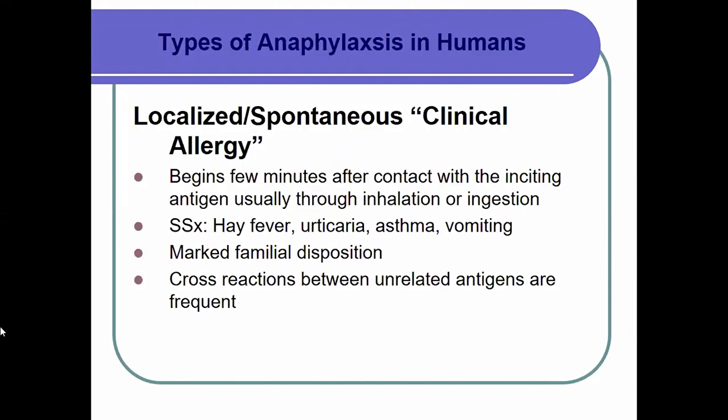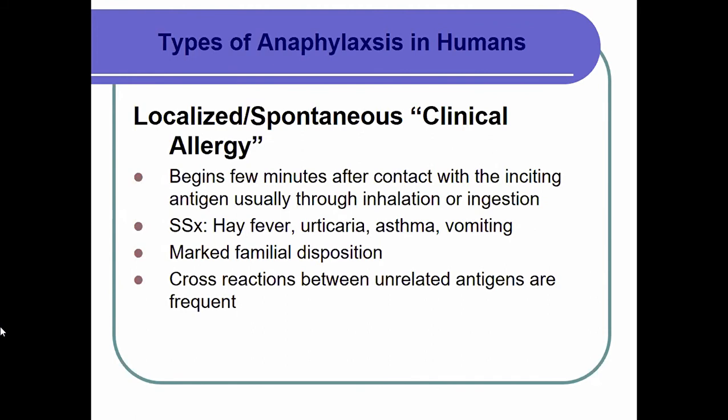Then we have also the so-called localized or spontaneous clinical allergy. This begins a few minutes after the contact with the inciting antigen, usually through inhalation or ingestion. Signs and symptoms may include hay fever, urticaria, asthma, or vomiting.